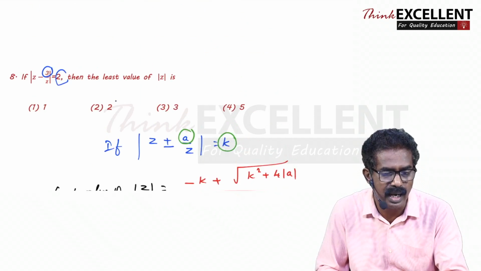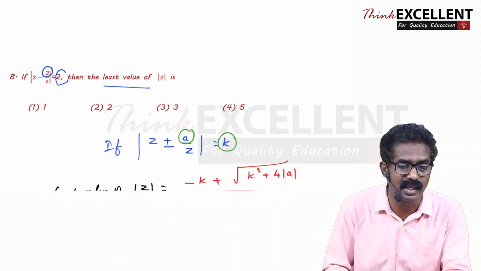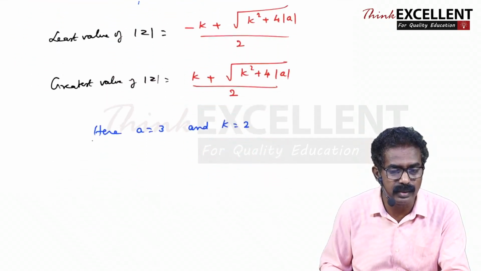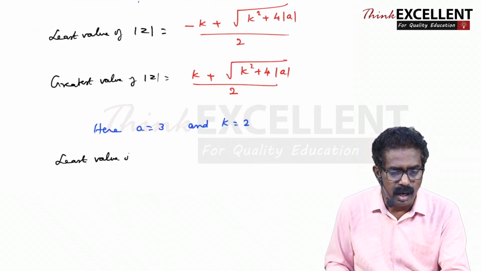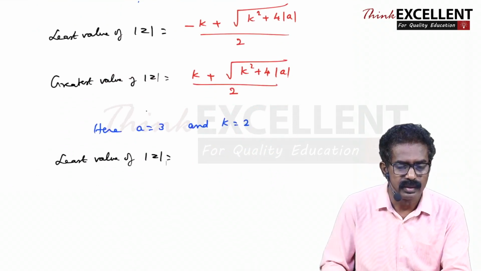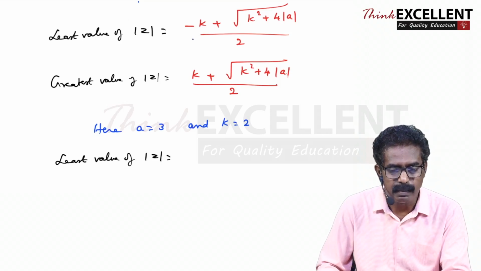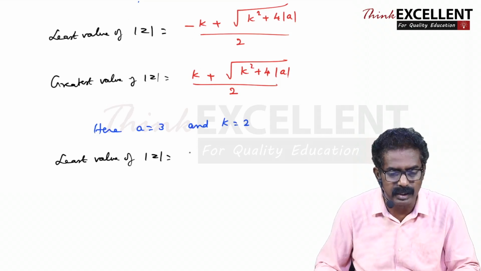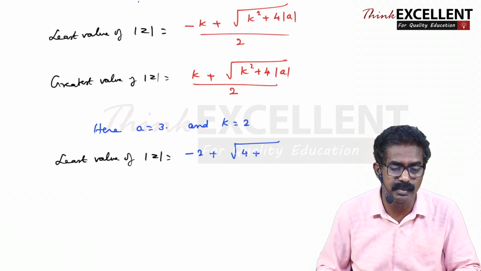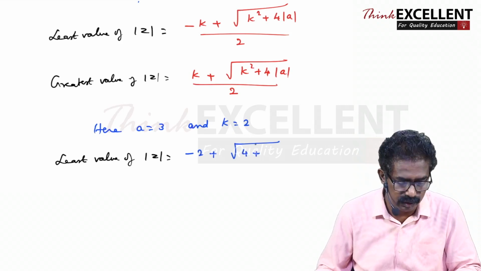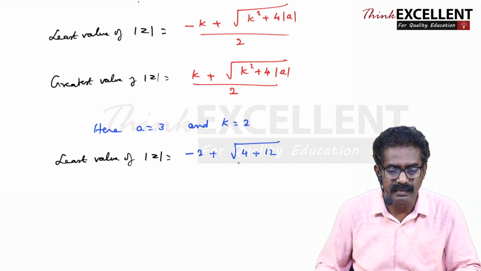So then what did they ask? The least value they asked, okay? So the least value of modulus z is equal to, I'm not going to write the formula again, minus k. So it is minus 2 plus root of k square, k is 2, 2 square is 4, plus 4 into modulus a. A is 3, modulus a means it is 3 only, 4 threes are 12, divided by 2.